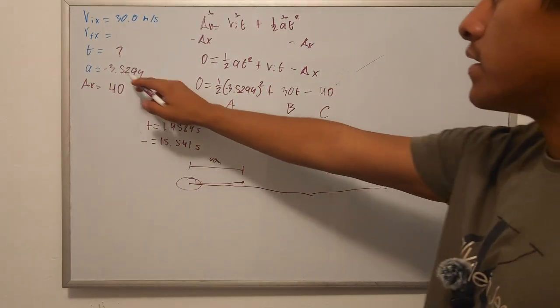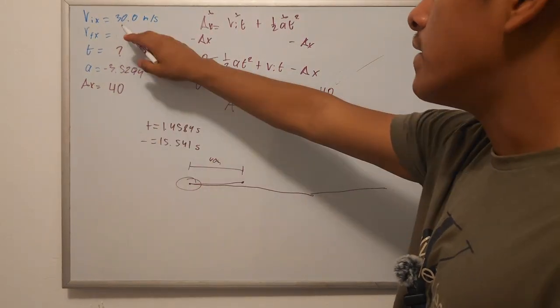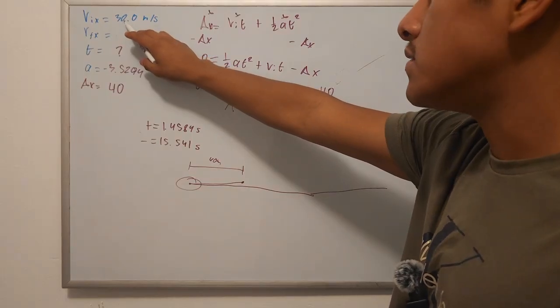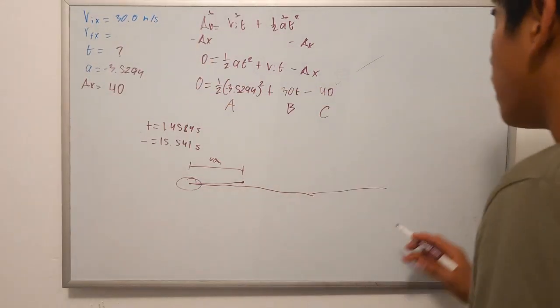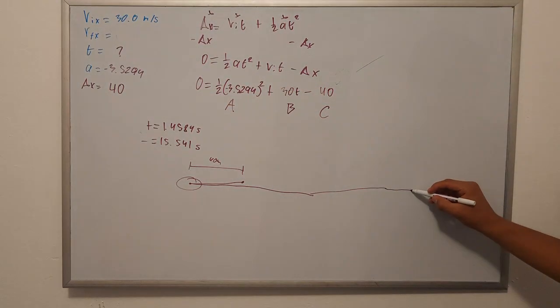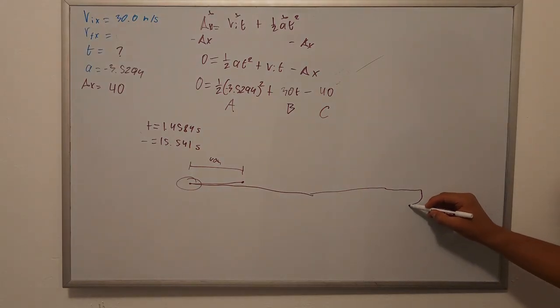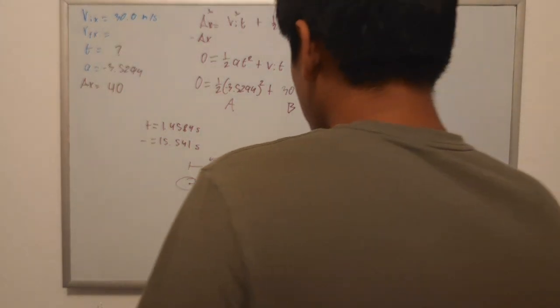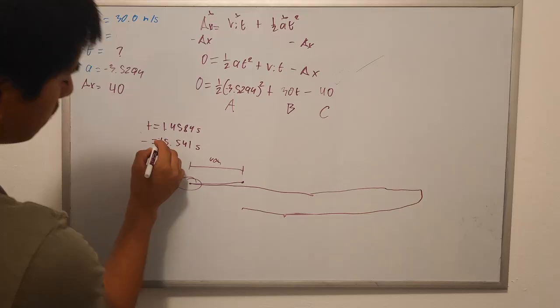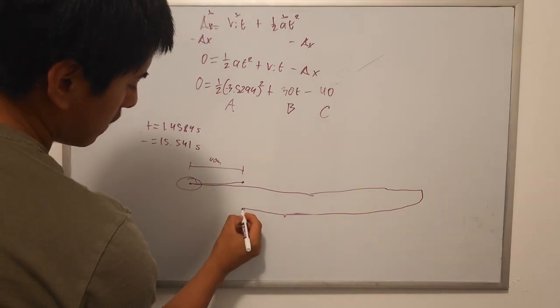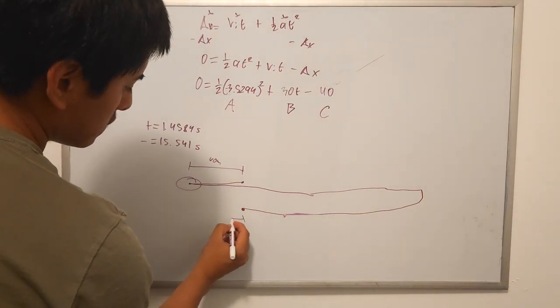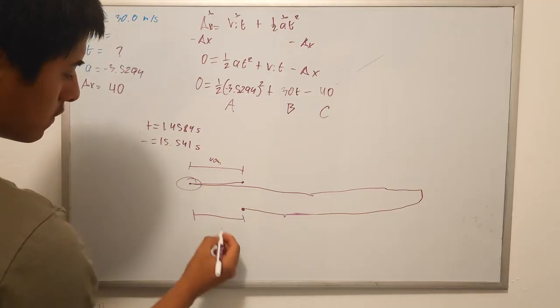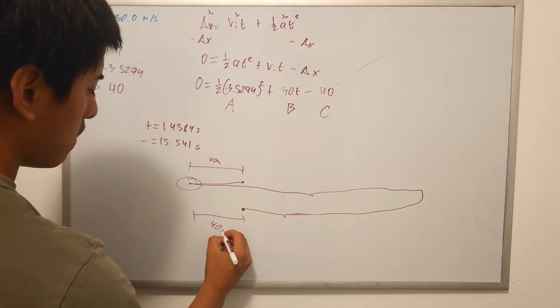Since we know that the acceleration is negative and the initial velocity was positive, this object was slowing down, and eventually it's going to change direction and start going back. At 15 seconds it's going to be right here, which is the same as 40 meters.